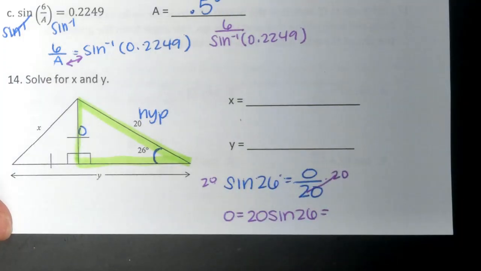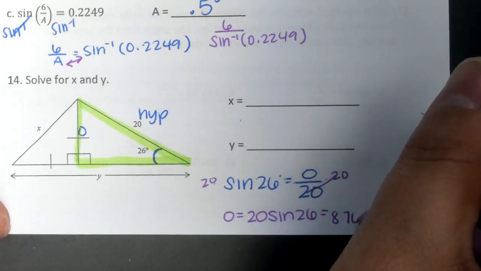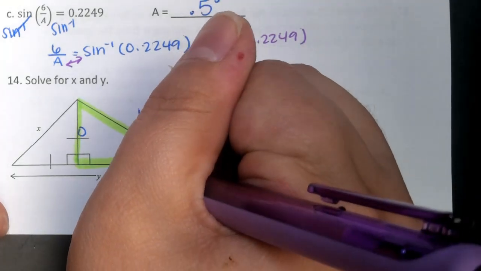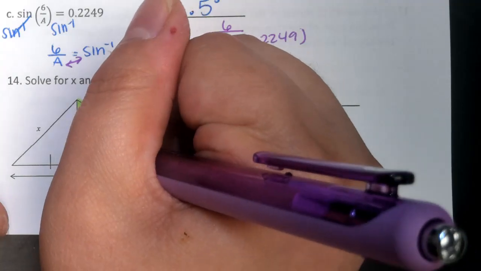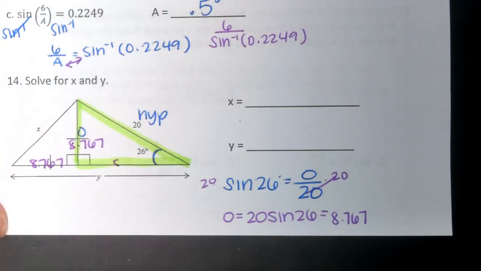And again, when you put that in the calculator, actually put O equals 20 sine of 26. And I got 8.767. So both of those are 8.767. Do y'all agree?